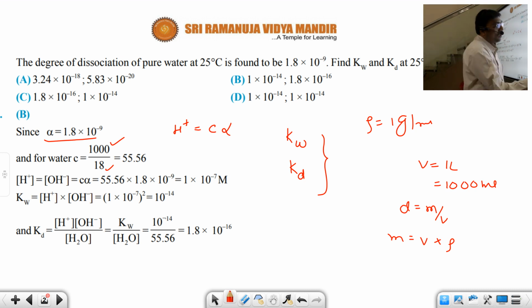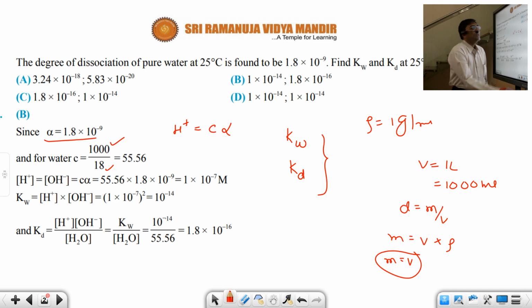I hope you understood. Now mass is equal to volume. That is the reason why the 1000 ml is taken as weight. So 1000 grams by 18, it comes out to be 55.5. Always the molarity is 55.5. You have to memorize this.